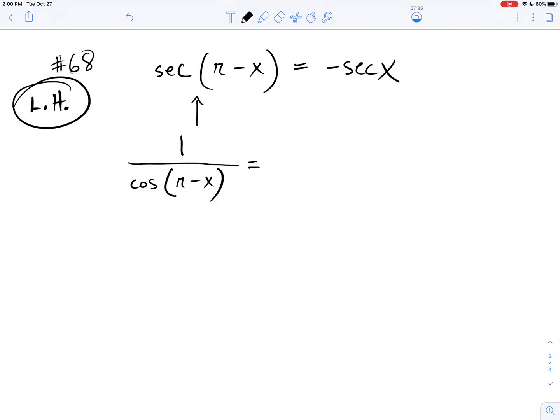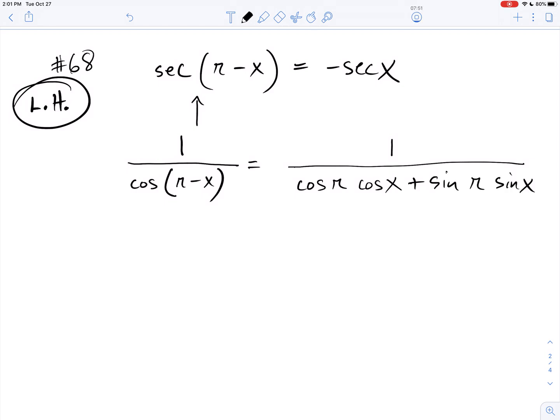Then, like I said, I'm just going to work on the left-hand side only. I could write this as 1 over cosine of pi times the cosine of x plus sine of pi times sine of x. Now, I always tell you, if you have a cosine graph, boom, that's as far as I have to go.